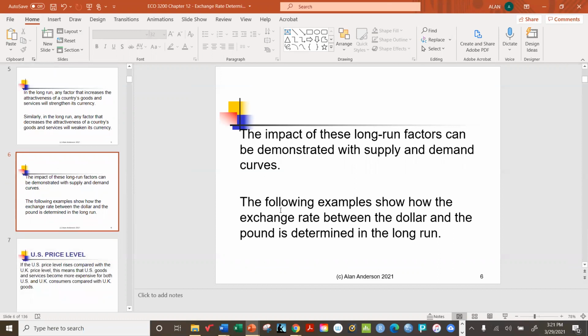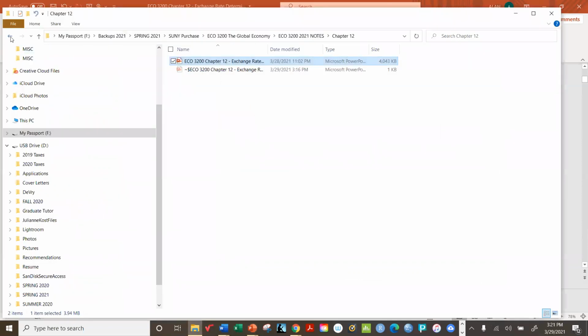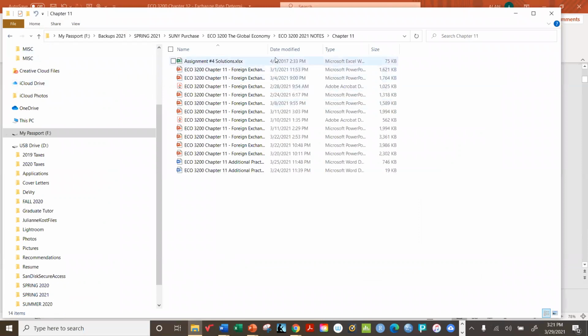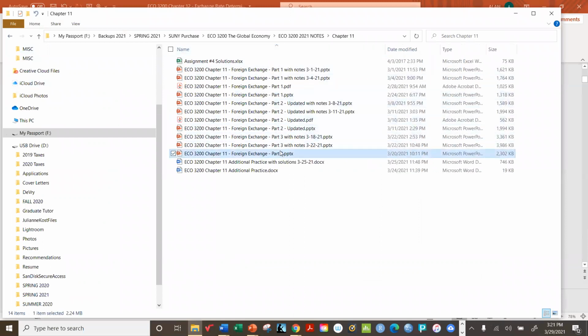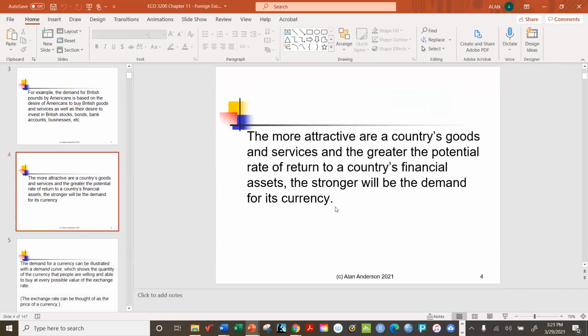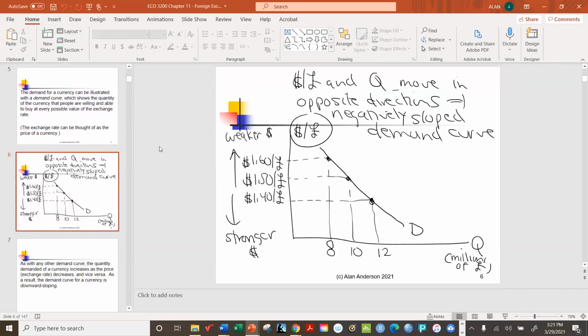Okay, so we're going to bring back supply and demand curves. You may remember we started to do this in chapter 11. In fact, let me go get 11 back so you can see what they looked like. Hold on. Somewhere in here, I've got supply. Here we go. So we're going to assume that on the vertical axis, we have dollars per pound. On the horizontal axis, we have demand, millions of pounds. That diagram right there happens to be the demand curve for pounds, which, as you can see, is downward sloping.